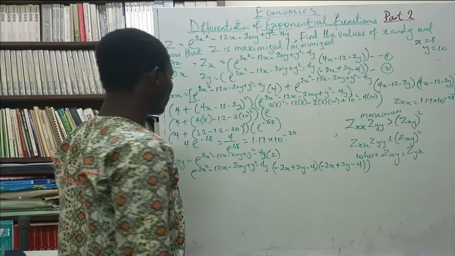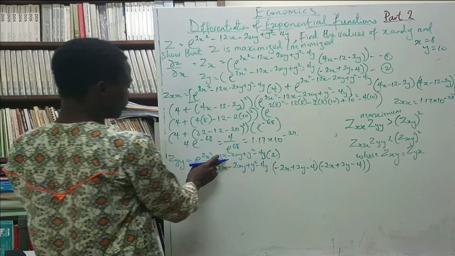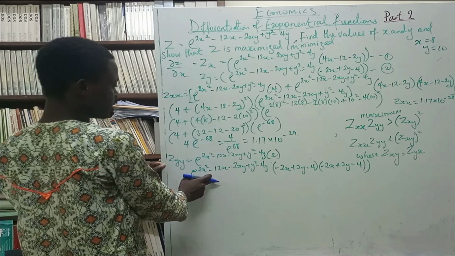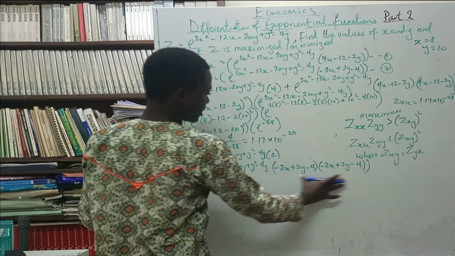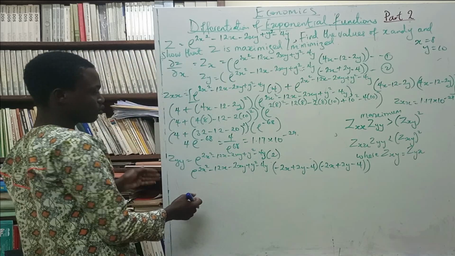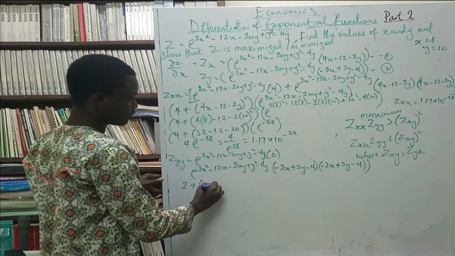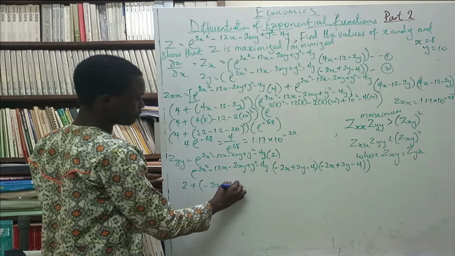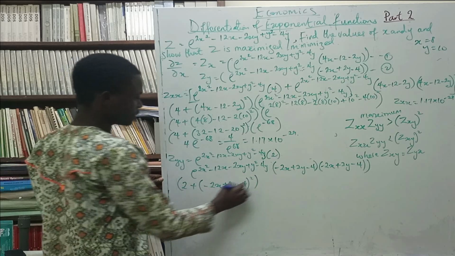Alright. So if you look at it, we have this here, and it's the same thing as what we have here, but then we have this as its coefficient, and then we have this as the coefficient of the second one. Let's do what we've been doing. So we have 2 plus minus 2x plus 2y minus 4 squared. So all of these belong to the same place.